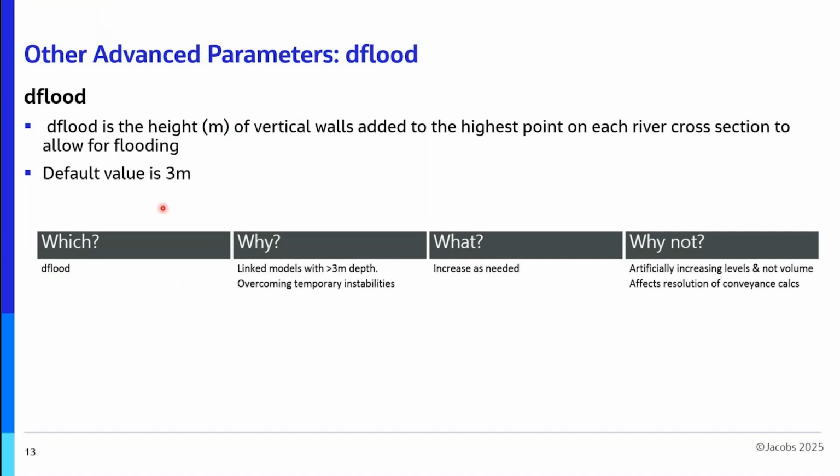The default value is 3 meters and is quite often increased on linked 1D-2D models to allow the computation to happen, particularly when there is lots of water ponding on the 1D-2D link above 3 meters. It's also known to overcome some temporary instabilities. Again, if you were to increase defload for a non-linked model, please be mindful that it's artificially increased and it will affect your conveyance calculation.